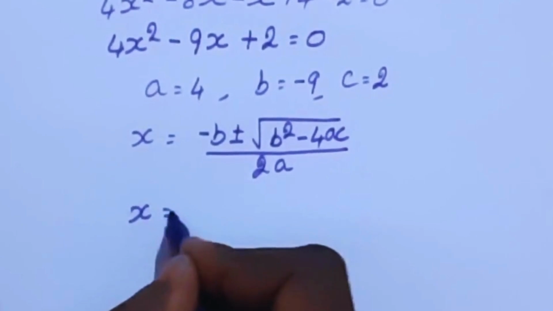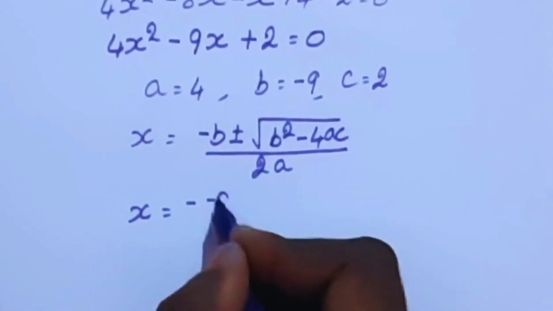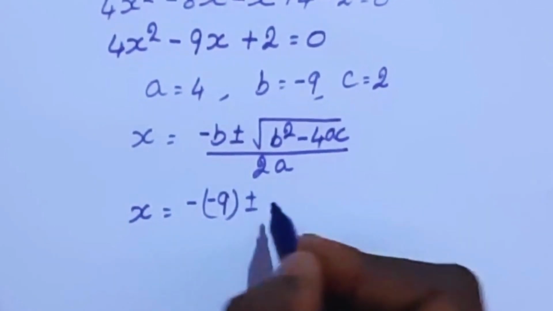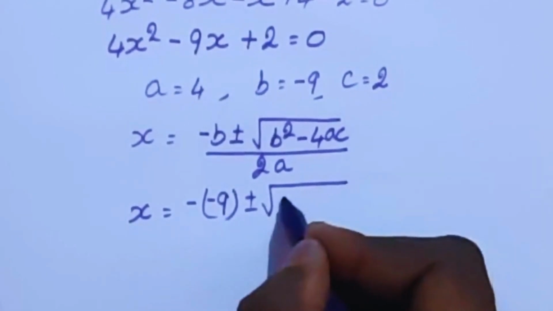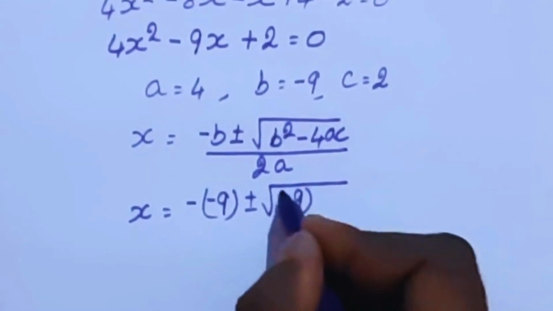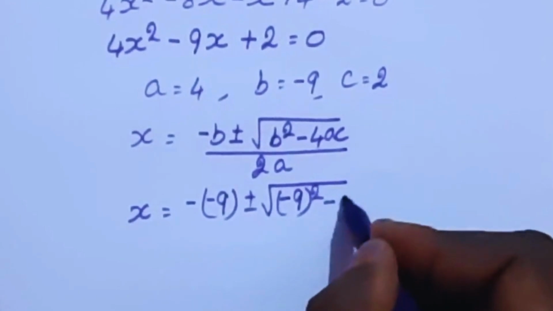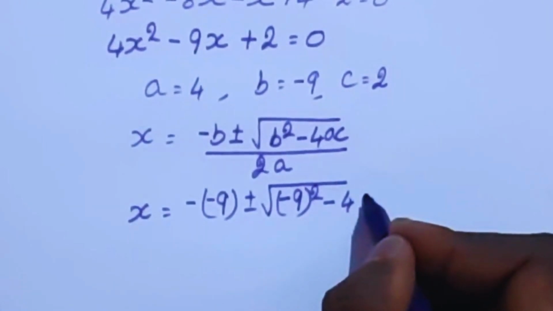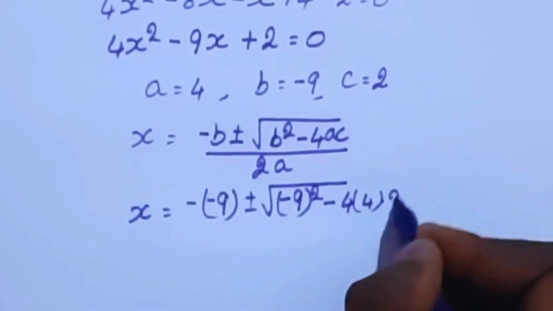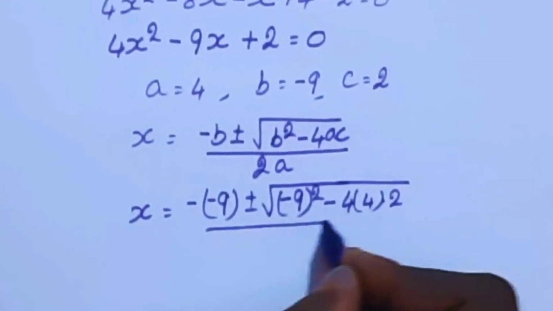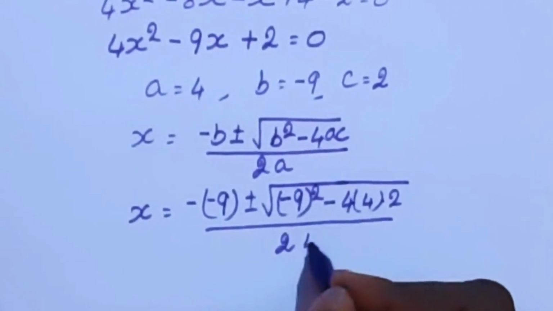So x equal to minus 9 plus or minus square root of minus 9 whole square minus 4 times 2, by 2 times 4.